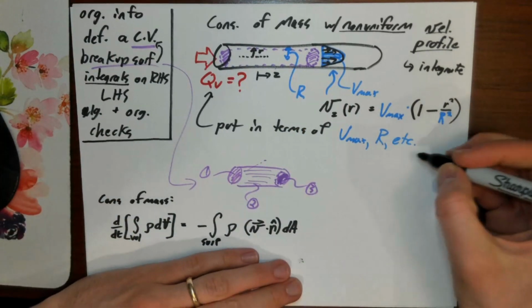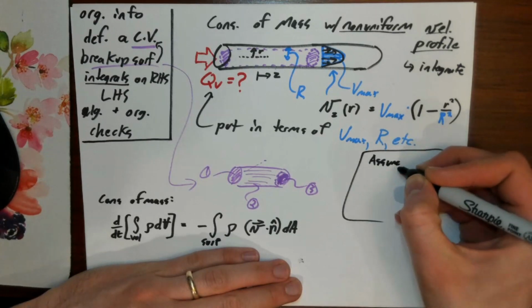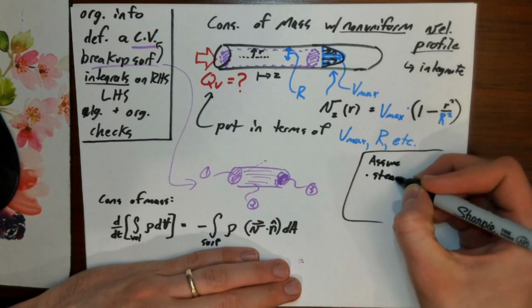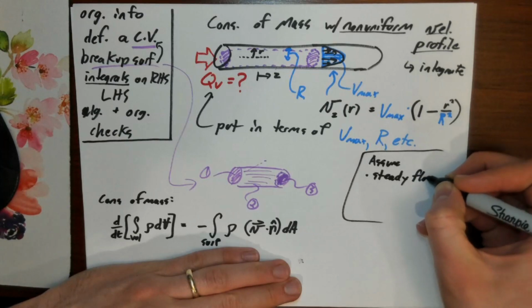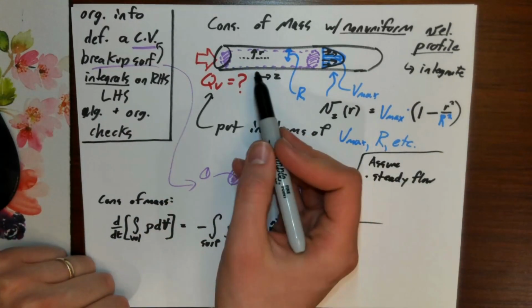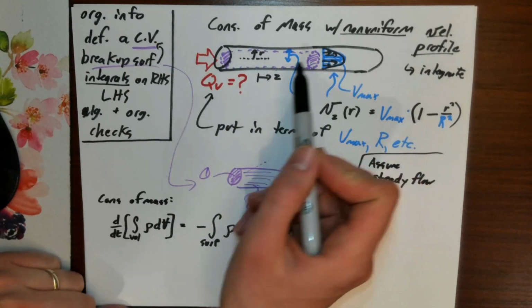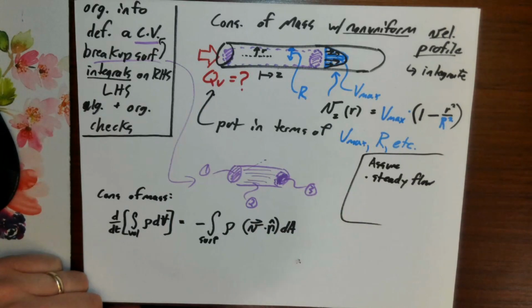So let's square away some of our assumptions here. We're going to assume that we have a steady flow. Although steady doesn't necessarily mean that nothing is moving at all, it just means that if I took a snapshot now and took a snapshot later, the velocity profile would look the same, the volumetric flow rate would be the same, all that stuff, right?